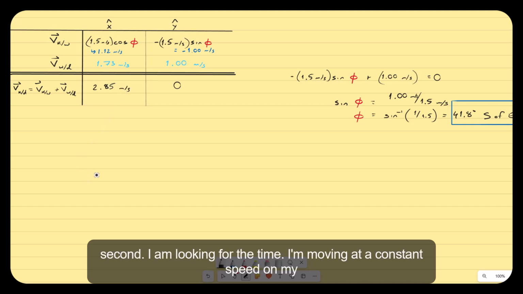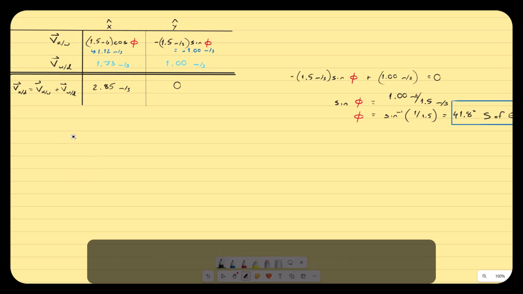I am looking for the time. I'm moving at a constant speed. I'm going to use my regular equation 1. X final equals X initial plus V initial t plus half a t squared. T is what I'm looking for. My acceleration is 0. My x initial is 0.